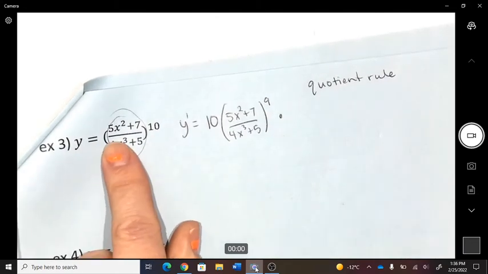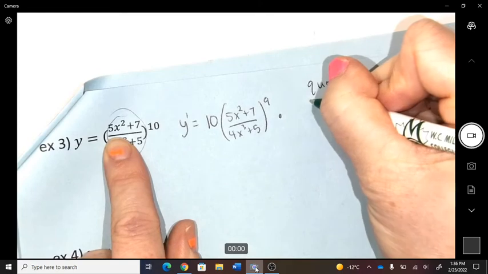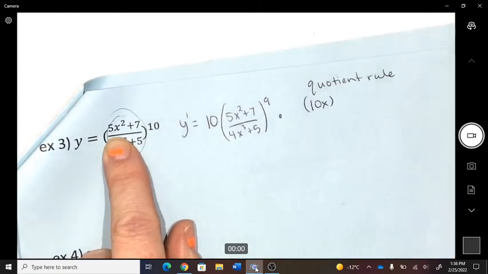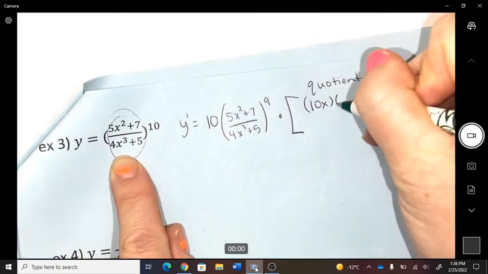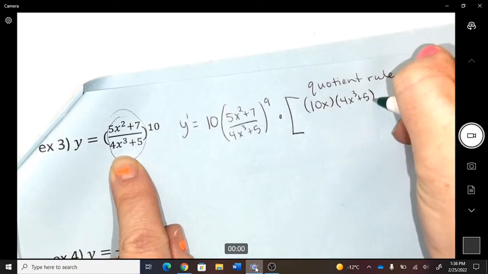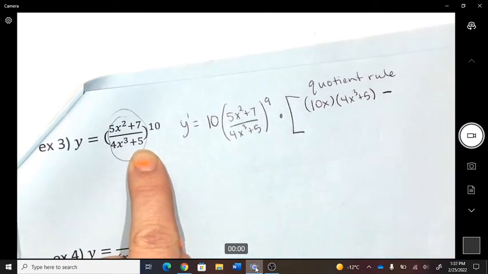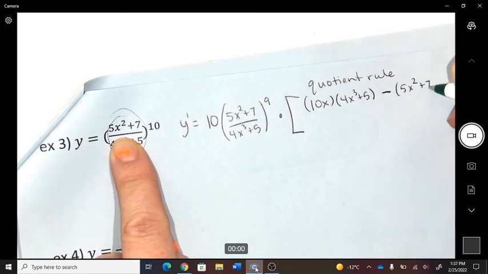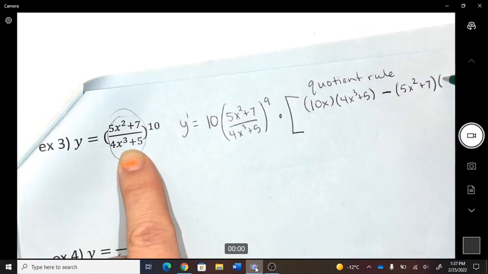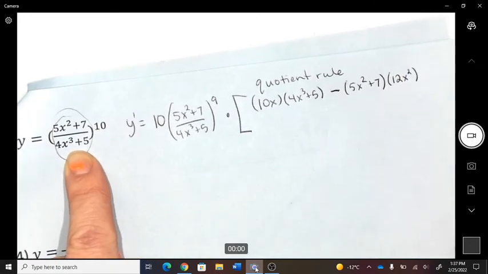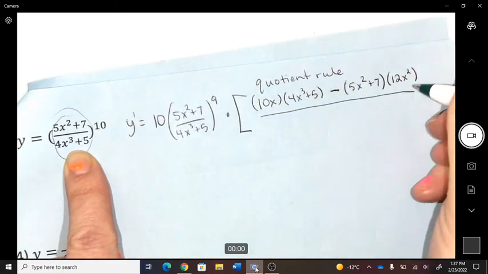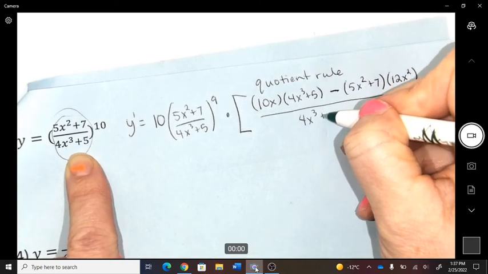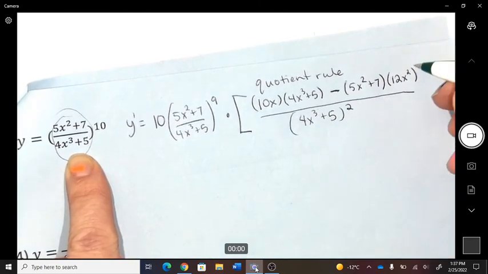Okay, so how do we do it? We derive the top, so 10x, right? 10x times the original bottom, subtract, now switch, so original top, derive bottom, all over the bottom squared.